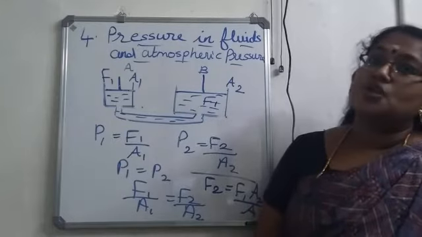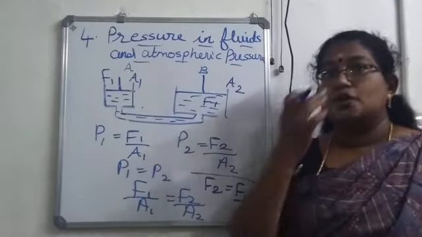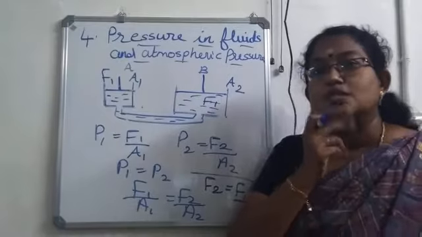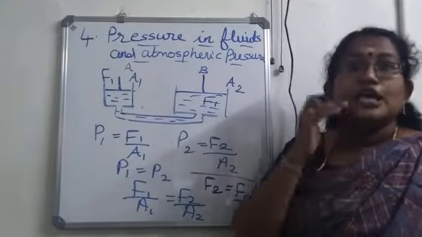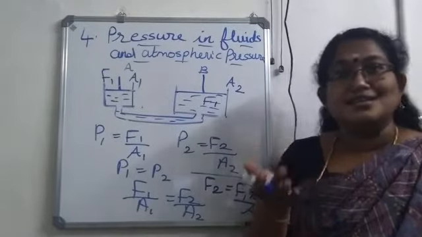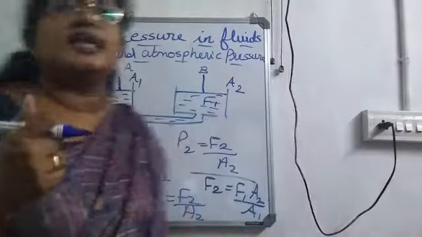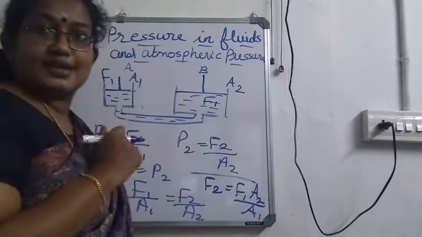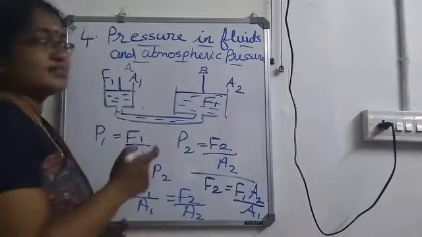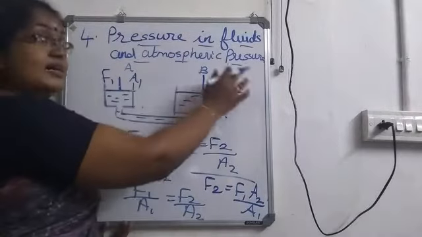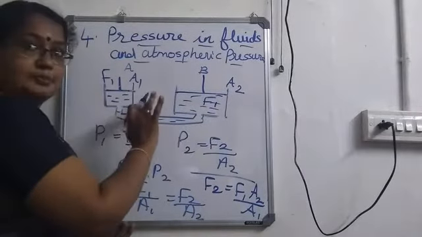Then hydraulic jack. In workshops and all you can see the hydraulic jack. What is the use of a hydraulic jack? In order to lift the vehicles, isn't it? In order to lift the vehicles in a workshop, hydraulic jack is used. Do you know how it works? It also consists of such a system.